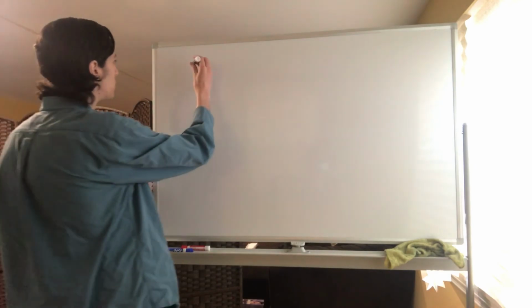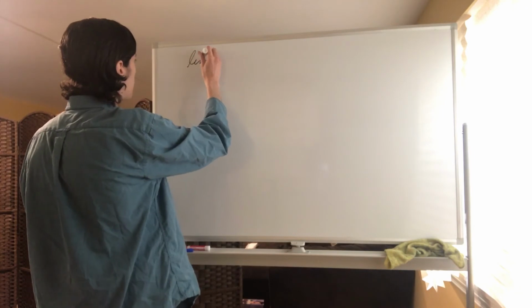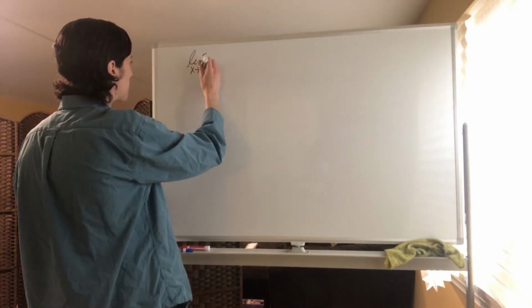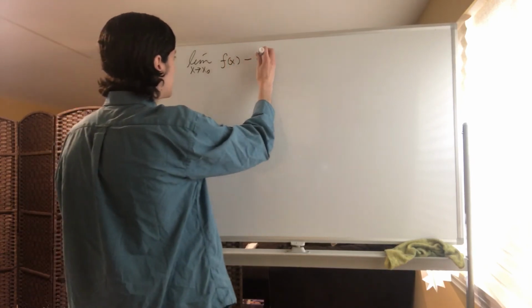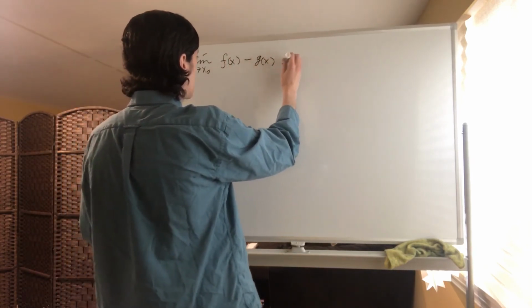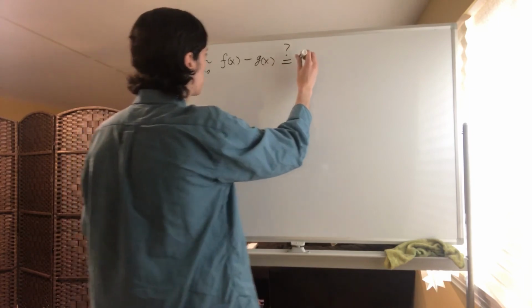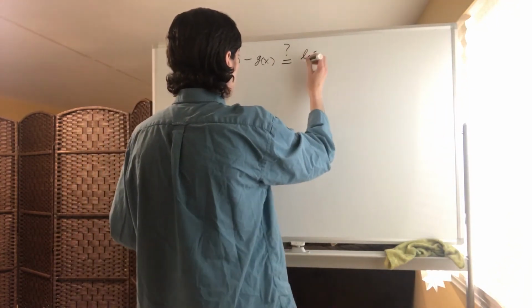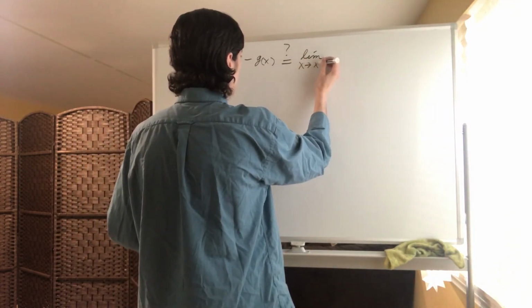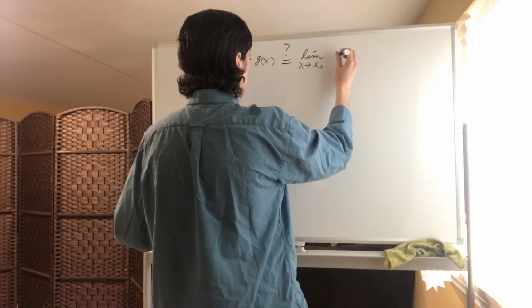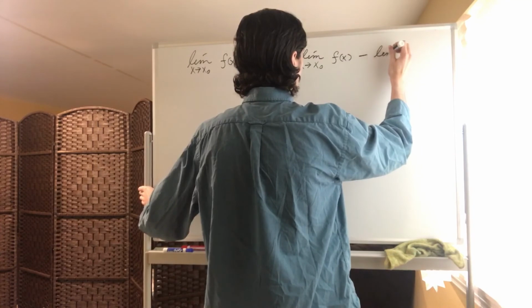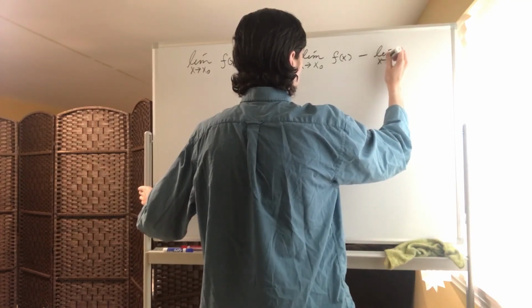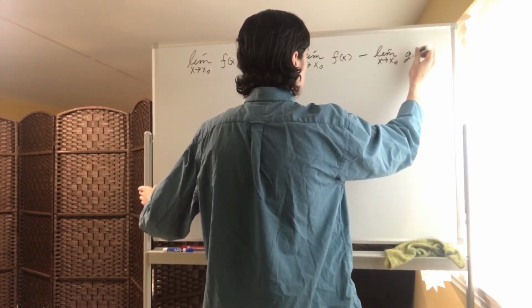Can we assume that the limit as x approaches some x naught of f of x minus g of x is equal to the limit as x approaches x naught of f of x minus the limit as x approaches x naught of g of x?